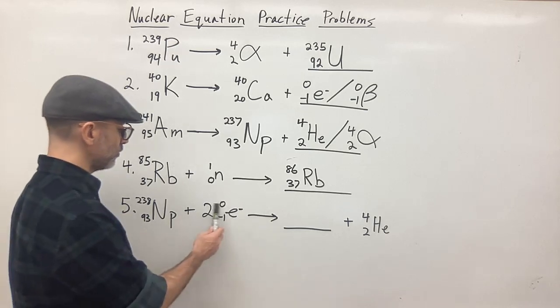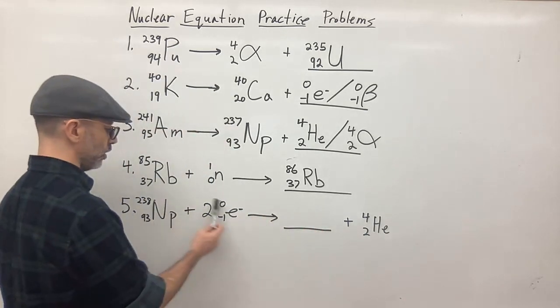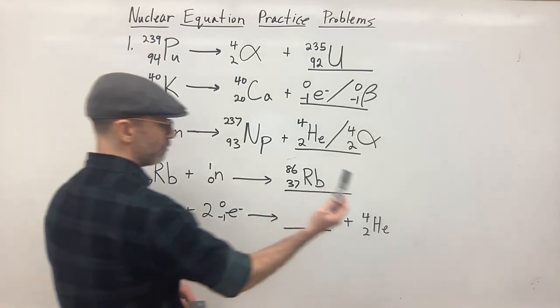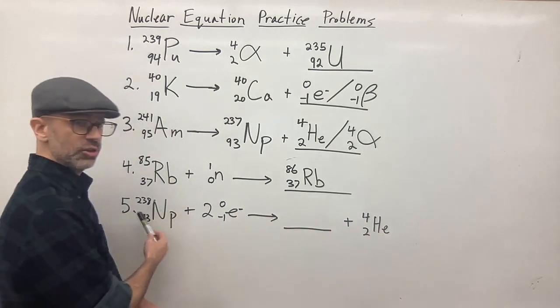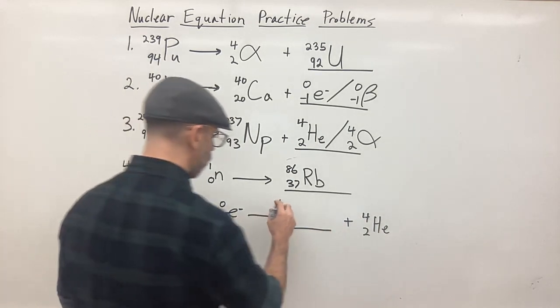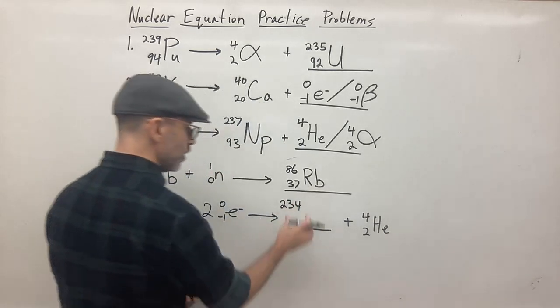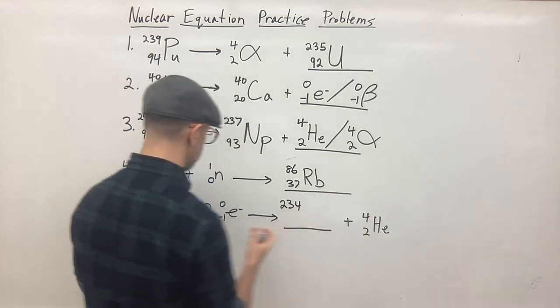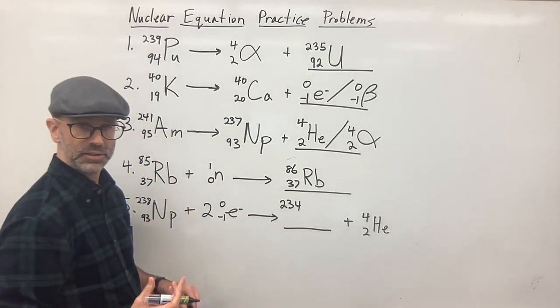That means whatever this number and this number are, they should add up to the total of 238. We have 4 here. 4 plus what gives me 238 total? That's going to be 234. 234 plus 4 gives me 238. 238 plus 0 gives me 238, so it's balanced.